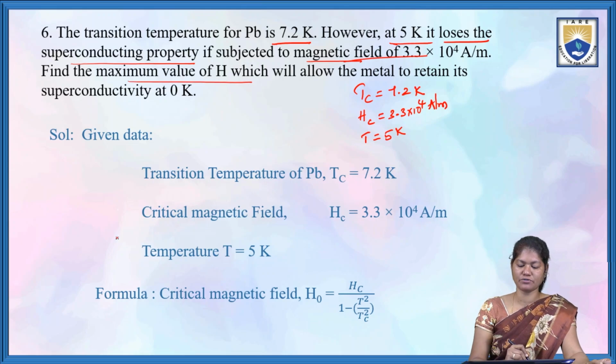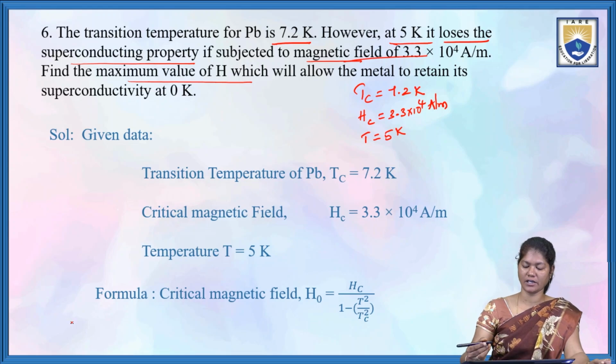So we need to calculate the maximum value of H, which will allow the metal to retain its superconductivity at 0 degree Kelvin.